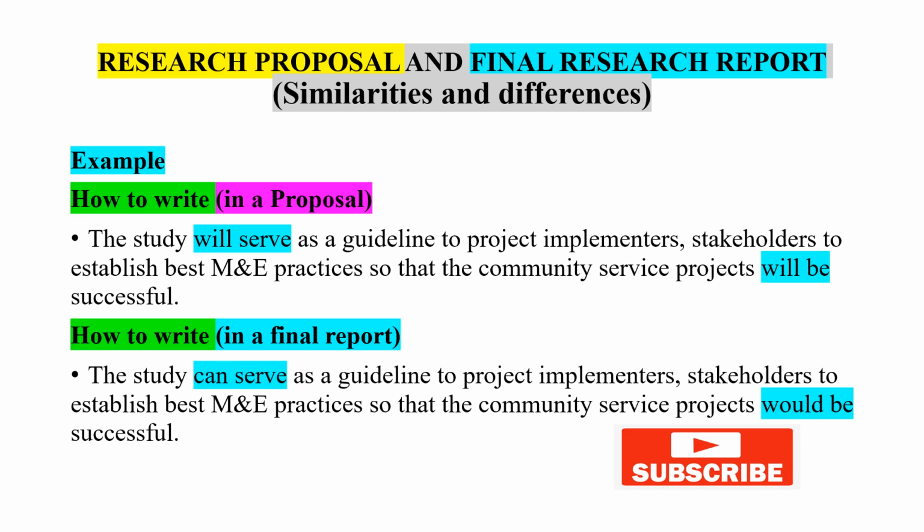This is because a research proposal is the document which tells us what we are going to do, how to do it, when to do it, and what materials we have to use in order to undertake our research.